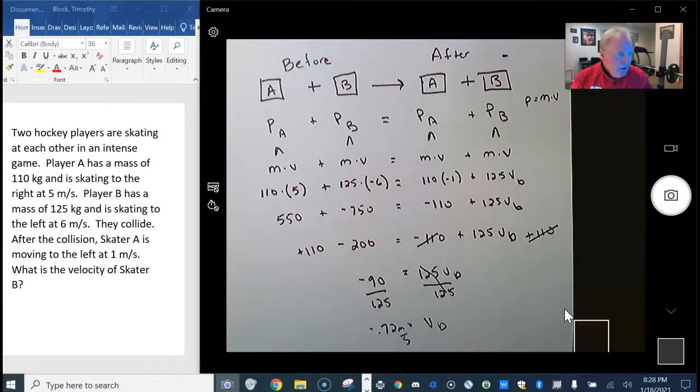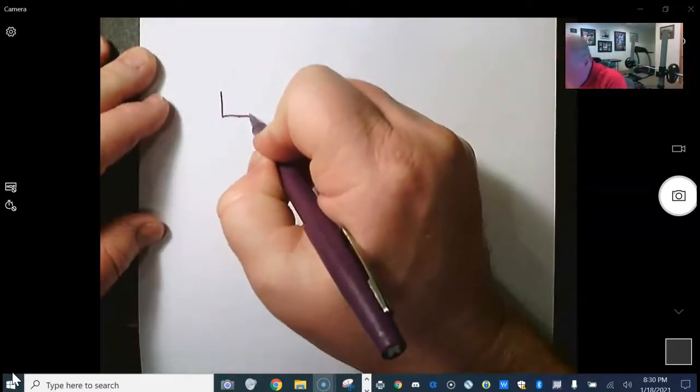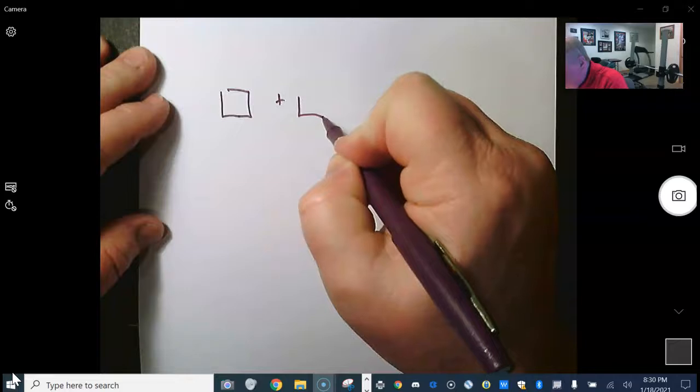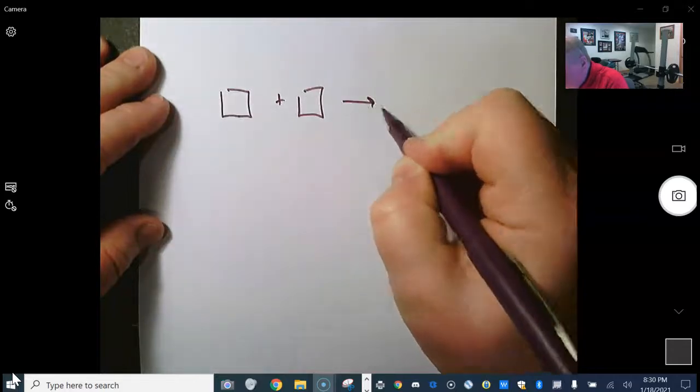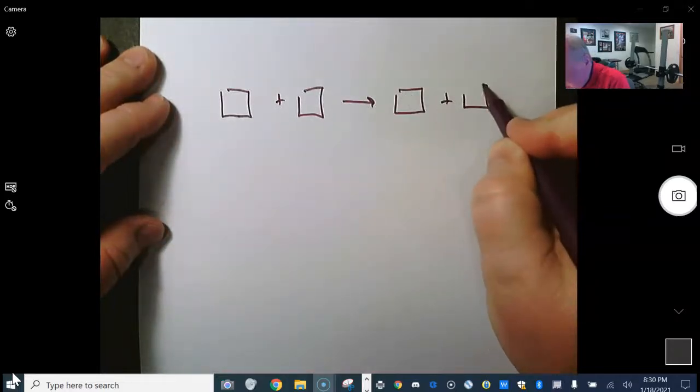All right, so let me just pause real quickly and see if we can find. So I found the momentum 3 problem number 1, and it's just two balls colliding. And so when you guys start that problem, remember, you'll just draw your boxes. Your arrow represents your collision. You'll draw your other boxes.